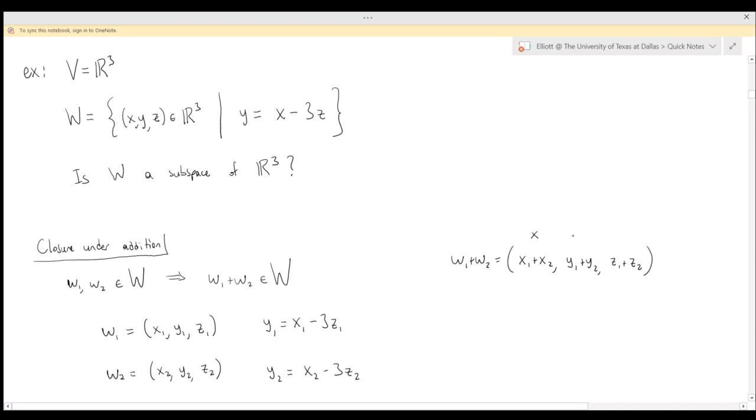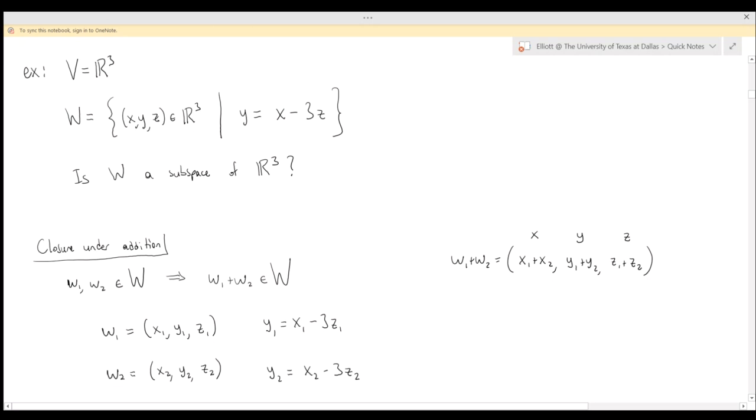Okay, so then we have the x, y, and z coordinates of the sum. And then to check if the sum is inside of our set, we need to check if its x, y, and z coordinates satisfy this condition.